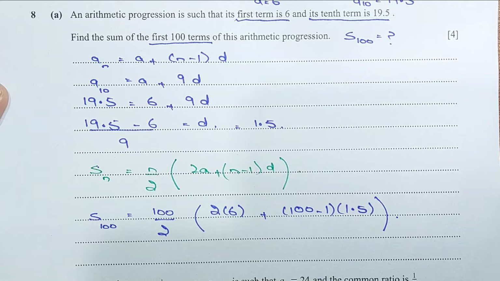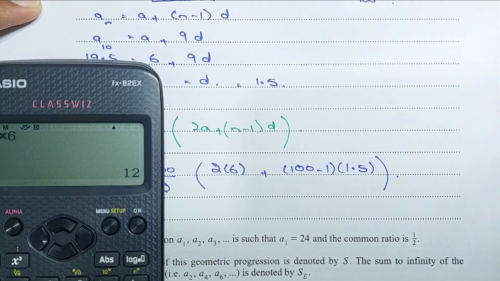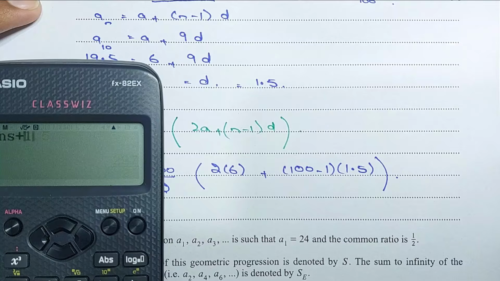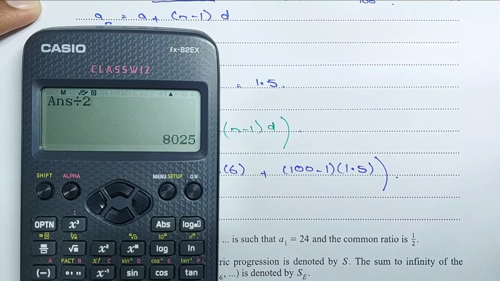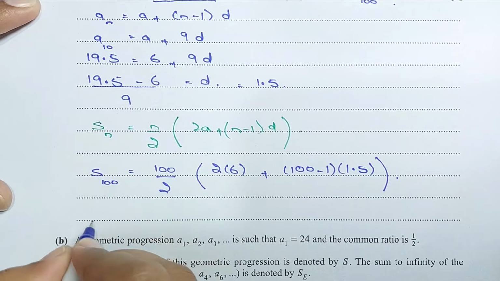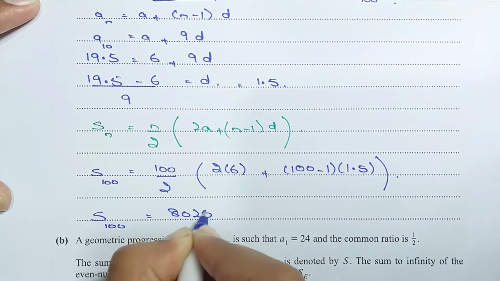Let me just simplify. Okay, so 2 times 6 is 12. 100 minus 1 is 99 times 1.5, and add 12 and times by 100 divided by 2, which is 8025. So we can say the sum of the first 100 terms is 8025.